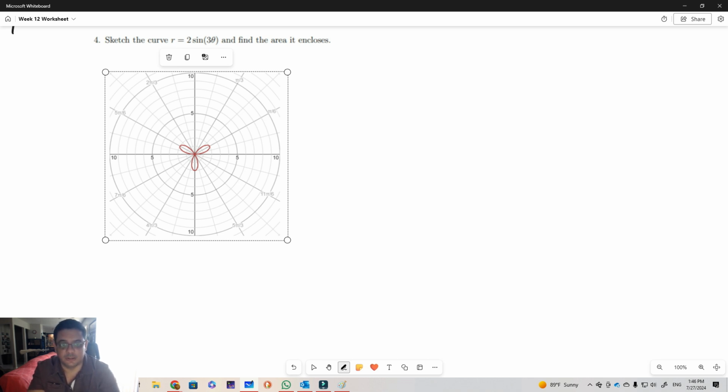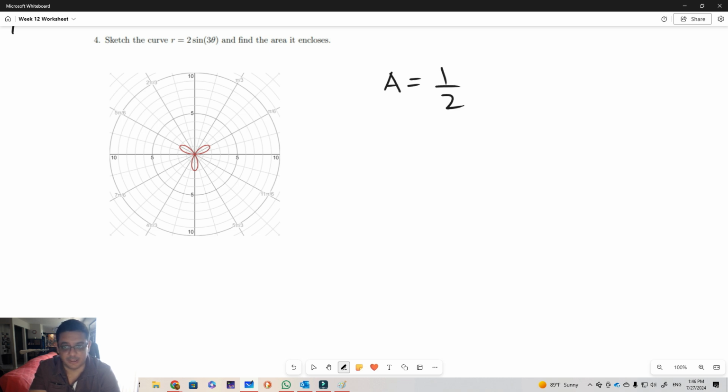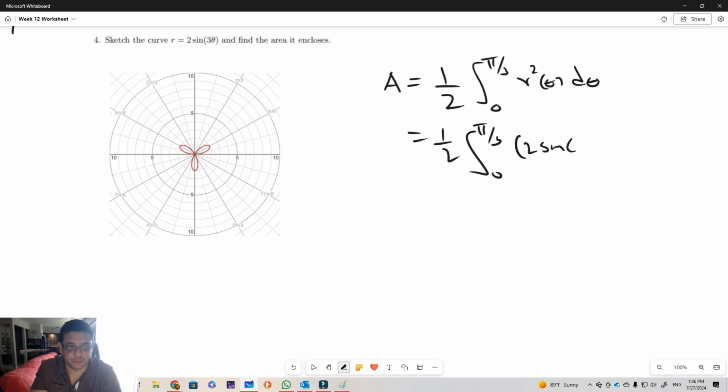So if we are going to calculate the area, by symmetry we just need to calculate one of the petals. So we can do A equals 1/2 integral from 0 to pi over 3 of r squared of theta d theta. But then again, this is the function 2 sine of 3 theta squared, and so that's going to give me 1/2 times 4 integral from 0 to pi over 3 of sine squared of 3 theta.